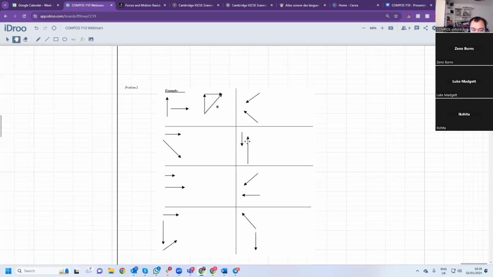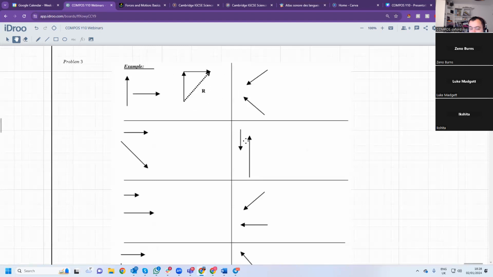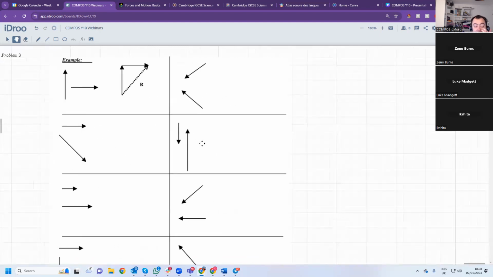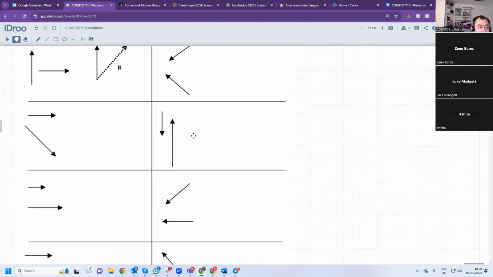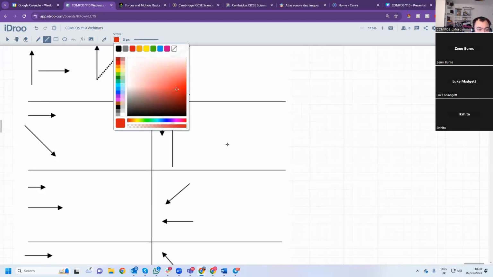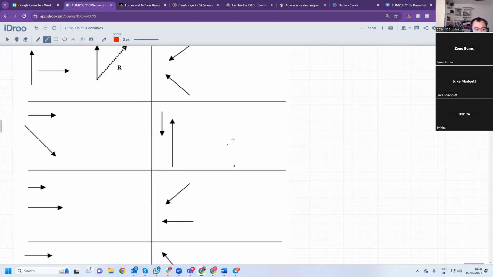Where you have two vectors in the opposite direction. Is that one? Second in the second column. Okay, of course. So you can use the same rule. So you can use the triangle rule. So you draw the first vector, then you draw the second vector from here. And this is your total.